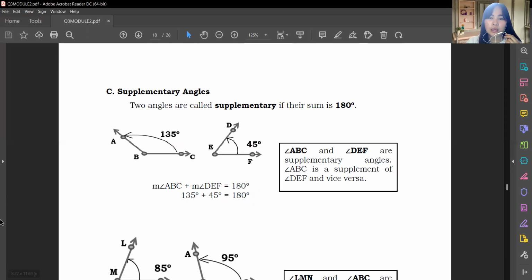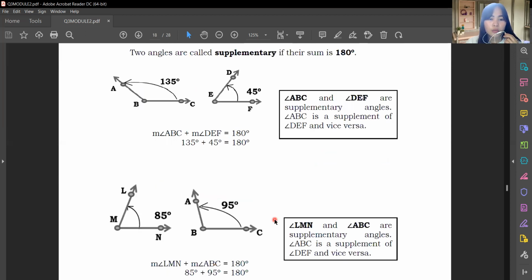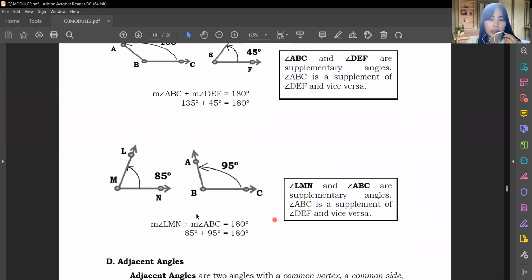Therefore, angle ABC and angle DEF are supplementary angles, so their total is 180 degrees. Angle ABC is a supplement to DEF and vice versa. So that's for supplementary angles.